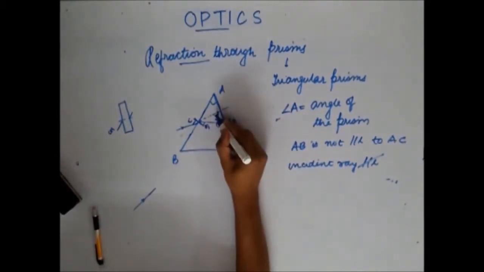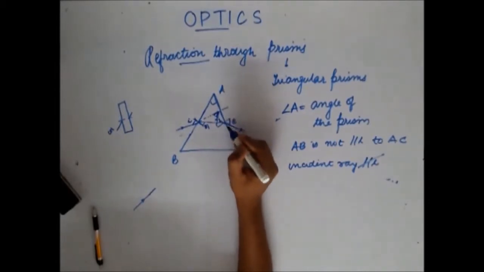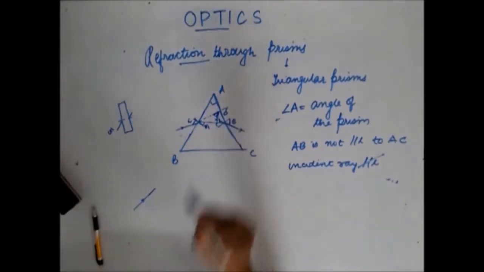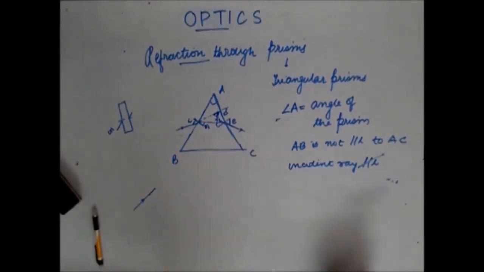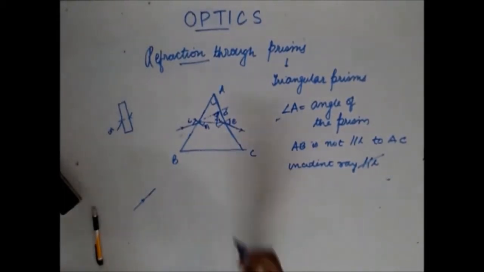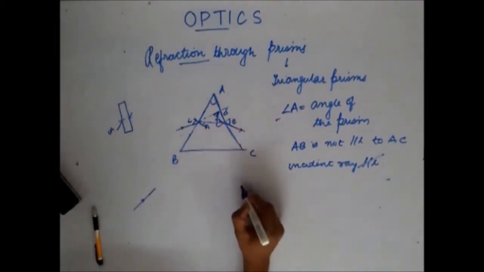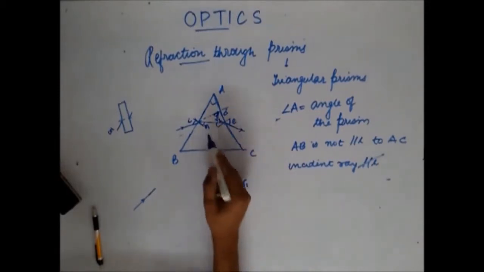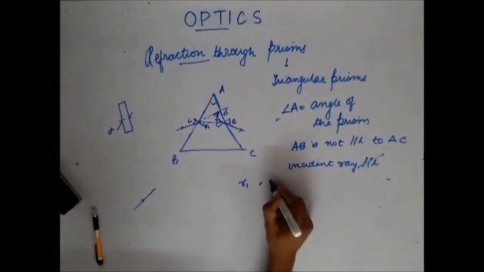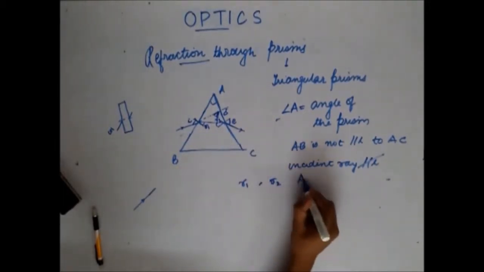Now you see this angle, I need to turn the incident ray by this angle to get the emergent ray. So this angle is my angle of deviation delta. Okay. Now finally, let's see what's the relation between the first refraction angle R1, the second refraction angle R2, and the angle of prism A.